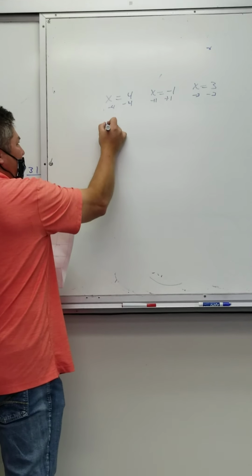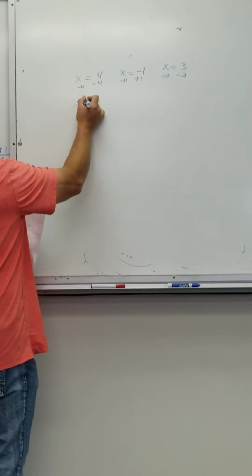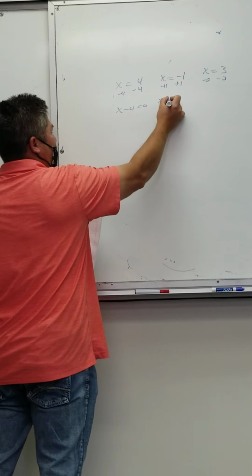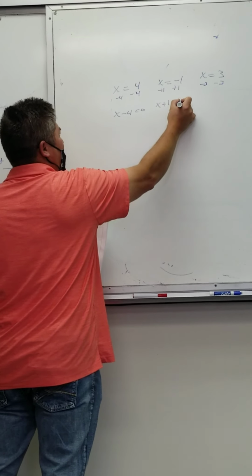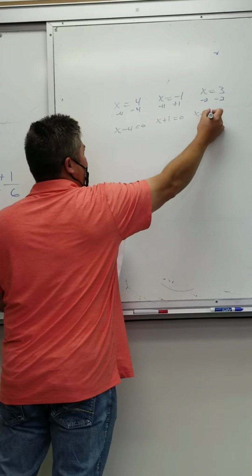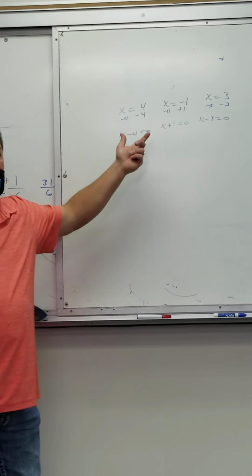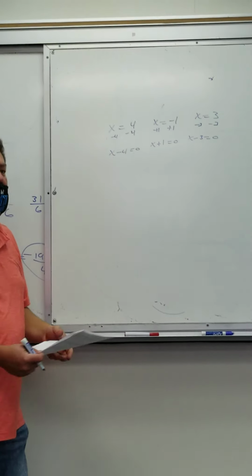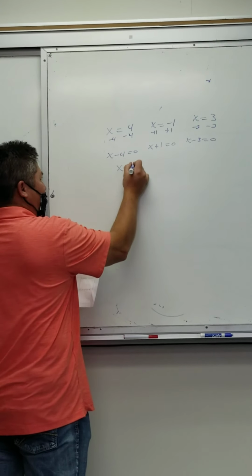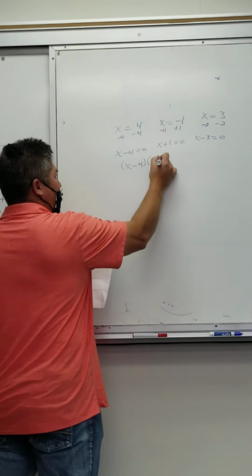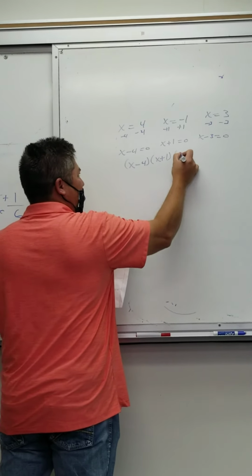So this leaves me x minus 4 equals 0, x plus 1 equals 0, x minus 3 equals 0. Now, if each of these factors is equal to 0, I can write them as factors, because one of them had to be 0, right? I can write this as x minus 4 times x plus 1 times x minus 3.